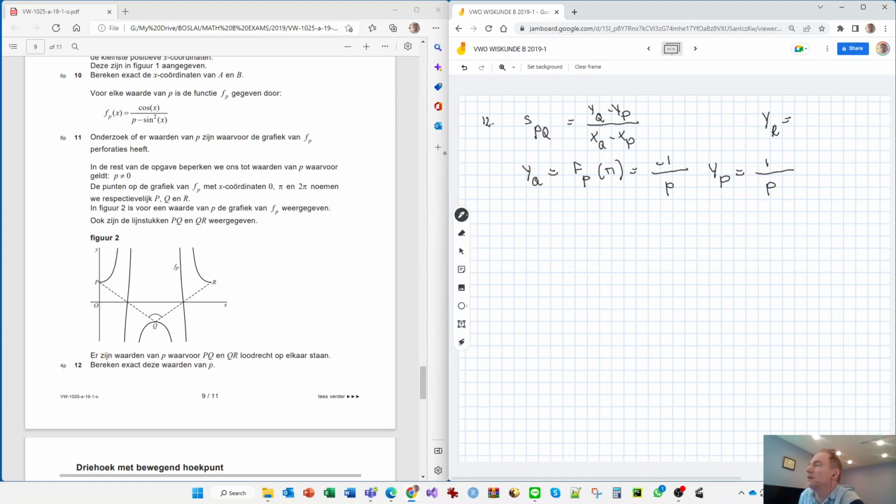Well, cosine of 2 pi is 1. The sine of 2 pi, of course, is 0. So I get 1 over p again. So it's actually at the same level as P, of course.